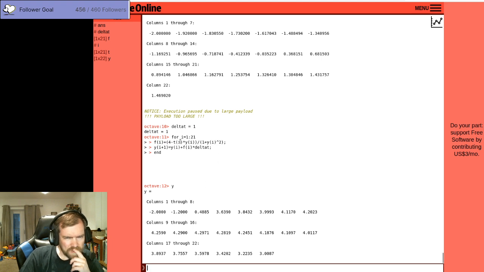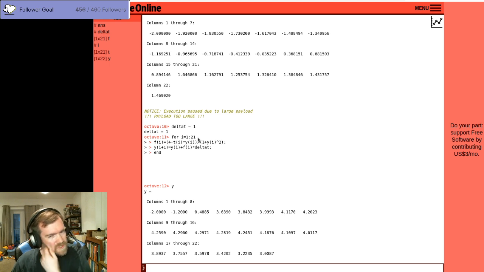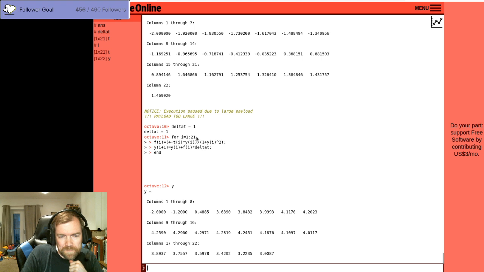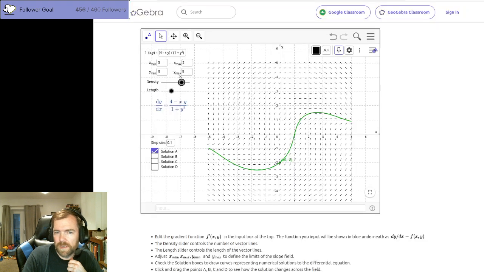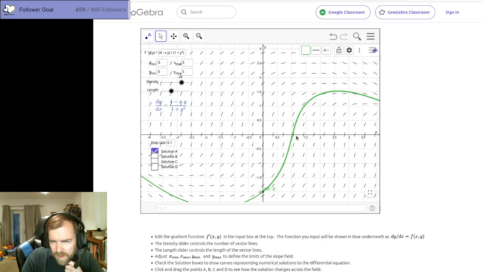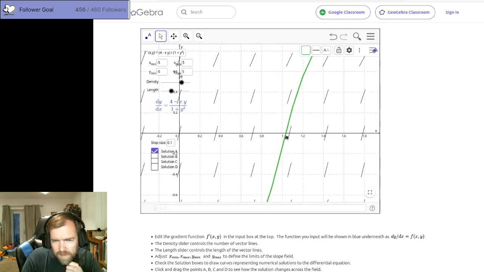Also, this is still using the larger numbers, so this goes further out, I think. But nonetheless, this is 1 comma -1.2. At 1, it should have been about -0.1-ish.